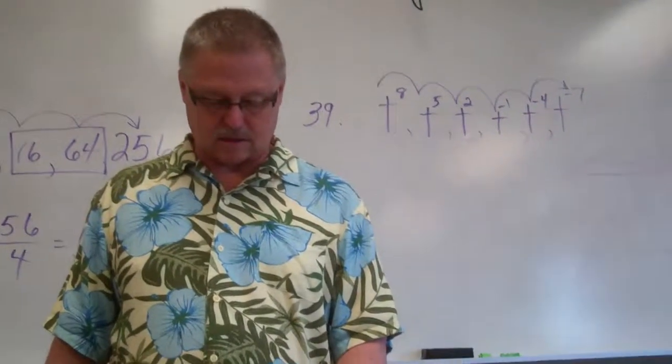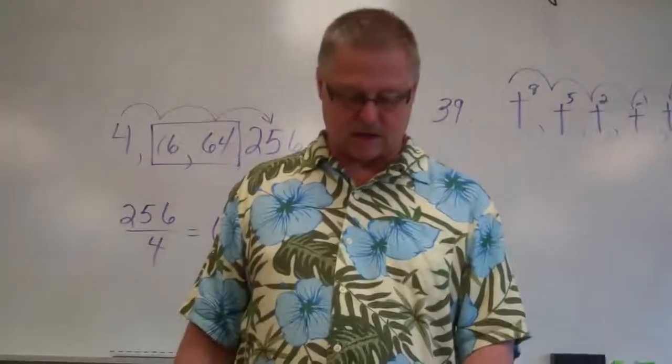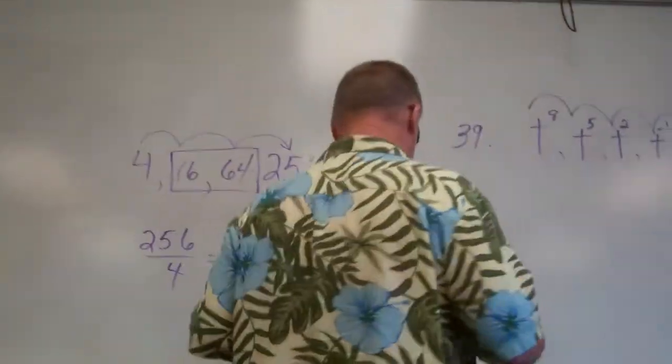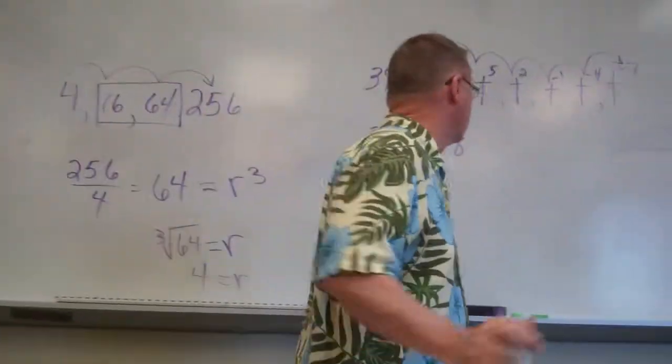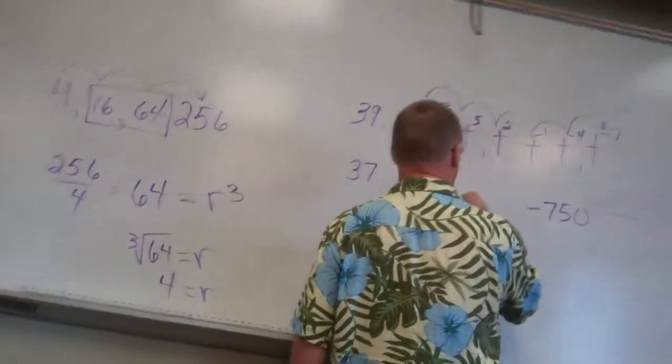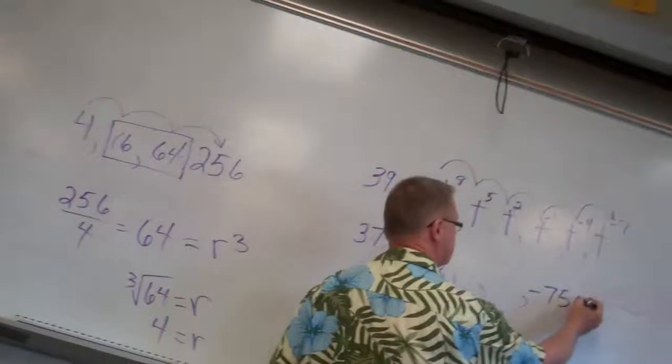Do you want to ask another one, like say 37? All right. 37 starts with 48, and it ends with negative 750. And it looks like there are 2 missing ones.